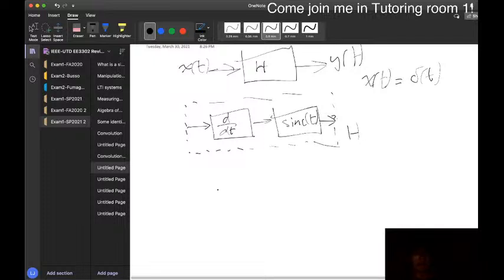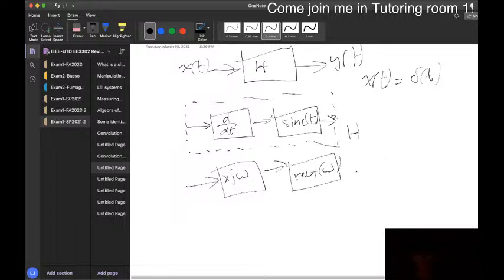So we can write this as x of j omega times j omega, and then the spectrum of a sinc function, remember, is a rectangle of omega.